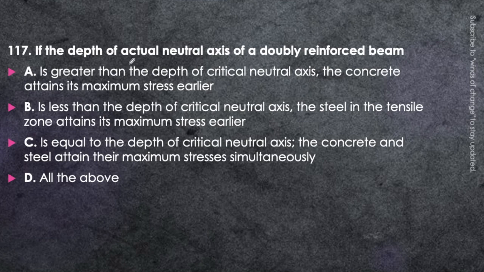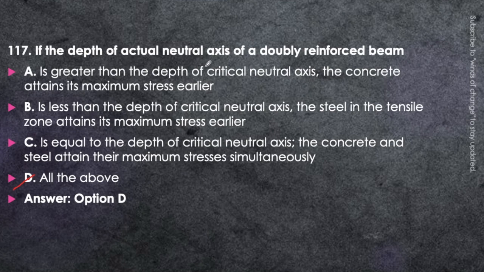Just think about it. Very easy question. All the criteria are already mentioned here, and these are the true criteria. So the answer will be D, that is all of the above. Memorize these, they are very important.